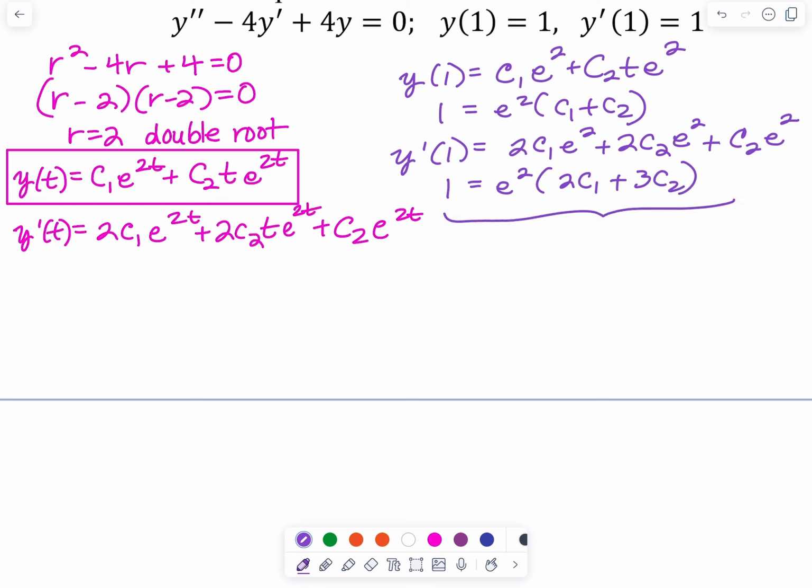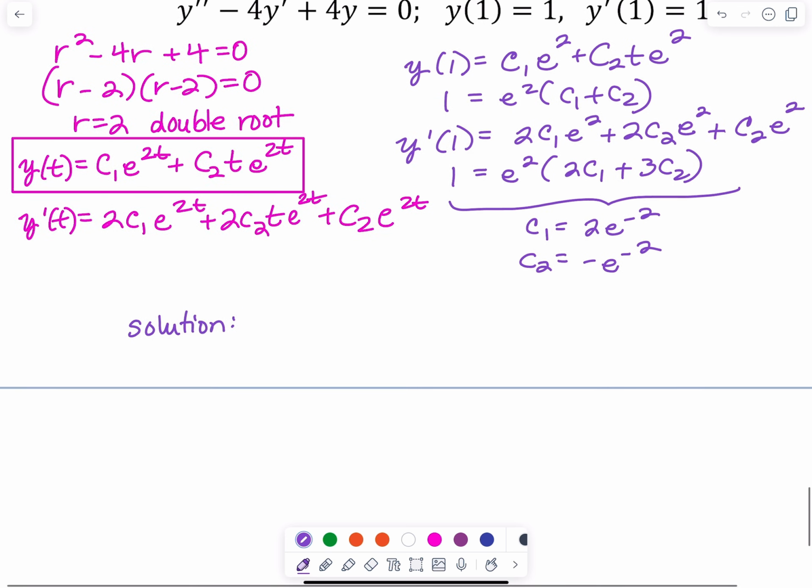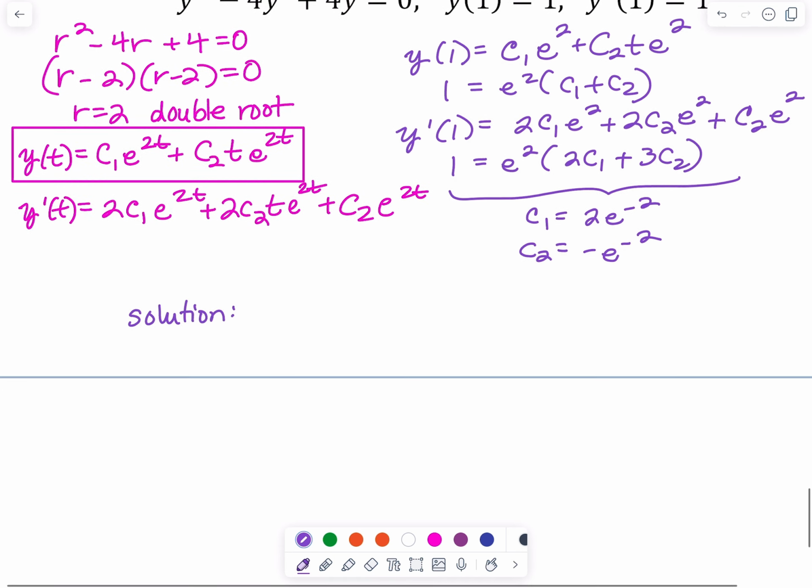Putting these together, we find that c1 is equal to 2e to the negative 2, and c2 is equal to the opposite of e to the negative 2. Therefore, the solution, and those are definitely linearly independent, placed back in front of our solution here because of that t.